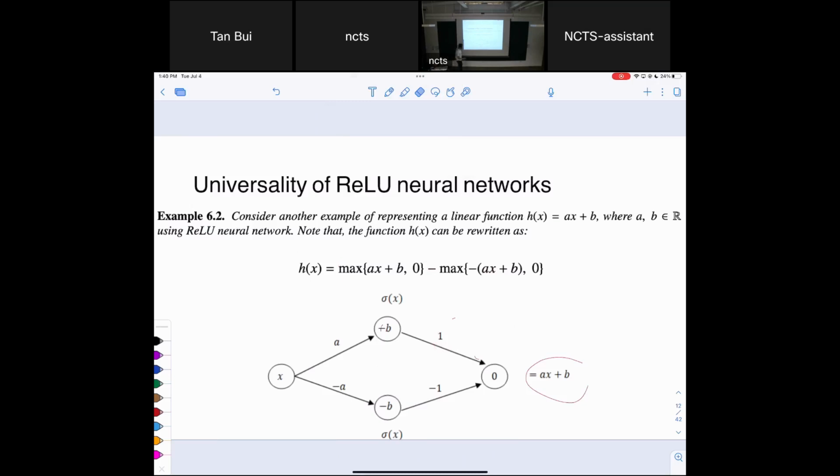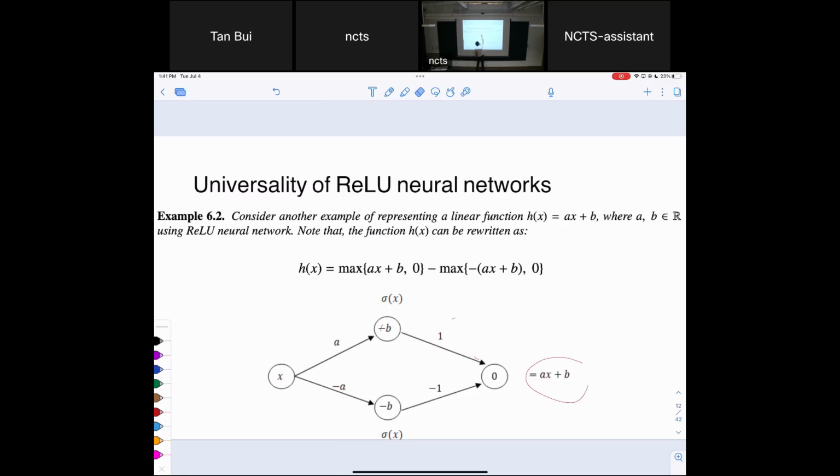Look at this. This is the input x, right? So you have two neurons. The first neuron, you multiply by the weight a, and then add a bias b, and apply your activation function. The second neuron, you multiply by the negative weight minus a, and then minus bias b, and then you apply the ReLU. And then the minus operation here is what?